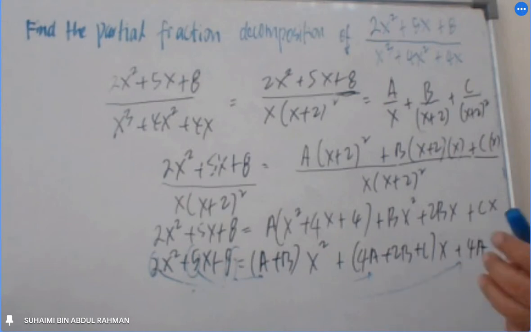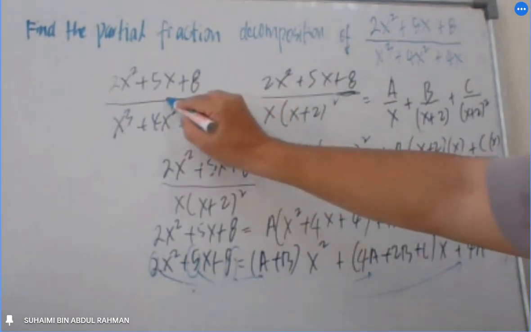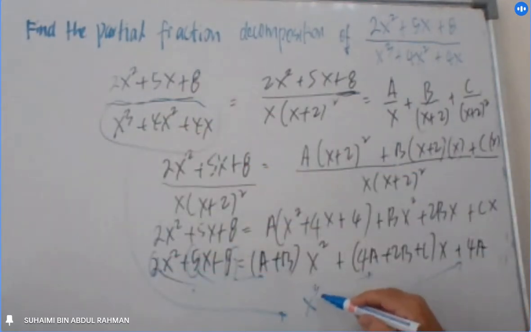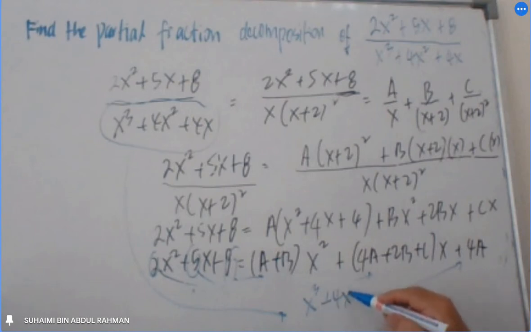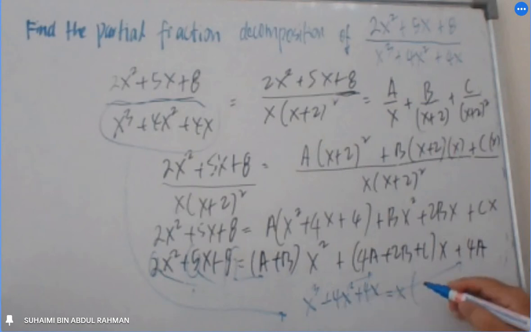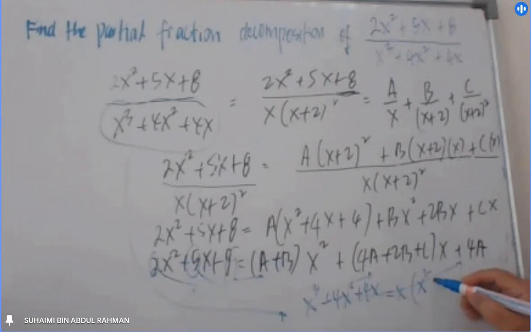Let's say this: x cubed plus 4x squared plus 4x. So we take x out. So x multiplied by what? We want to produce x cubed, so x must be multiplied by x squared, and then plus 4x and plus 4.